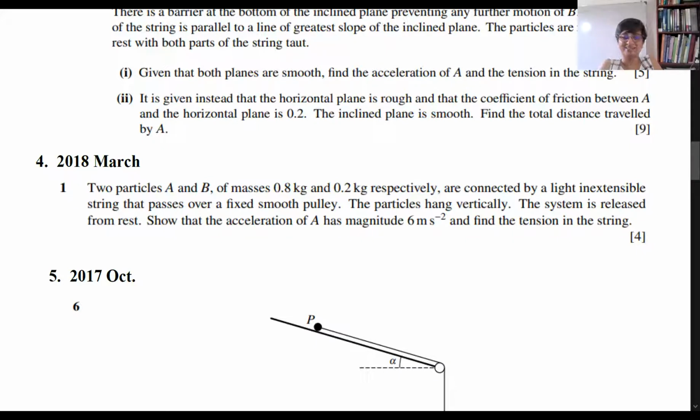That's right, Malik. I'm sorry, I was asking for A. It's a show question, A is 6. I don't have to ask you for A. Just find T. Okay, so Malik is correct too.